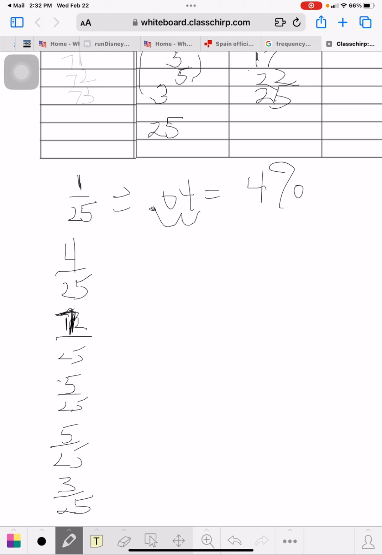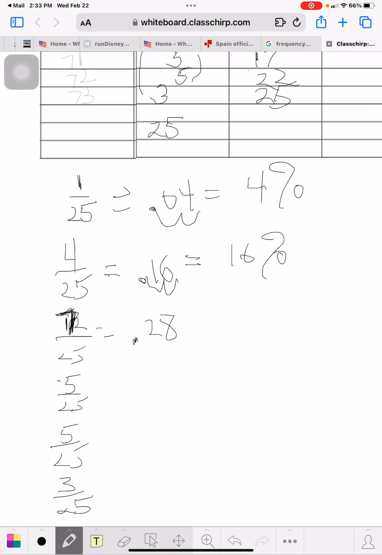Now the next one, we have 4 divided by 25 equals 0.16. Now you remember how to get the percentage. You move it 2 places to the left, 1, 2. We get 16%. Now the next one is 7 out of 25. So we get 7 divided by 25, 0.28.